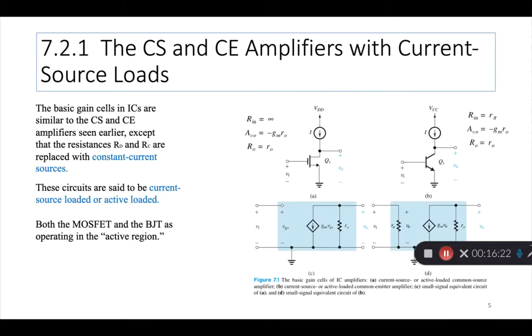Okay. So let me move on to slide 5, where we look at topic 7.2.1. So again, we are going to study CS and CE amplifiers, but this time with current source loads. So the load is in the collector circuit for a BJT, and it is tapped off the drain circuit in a FET.